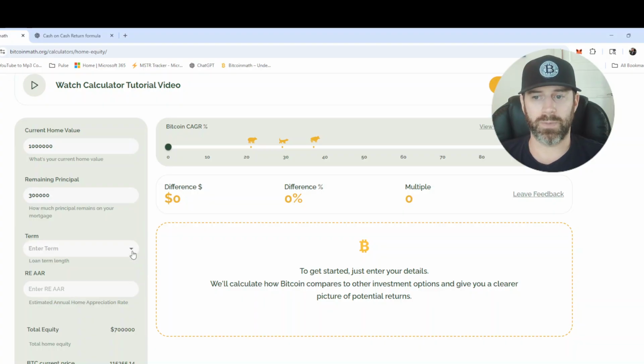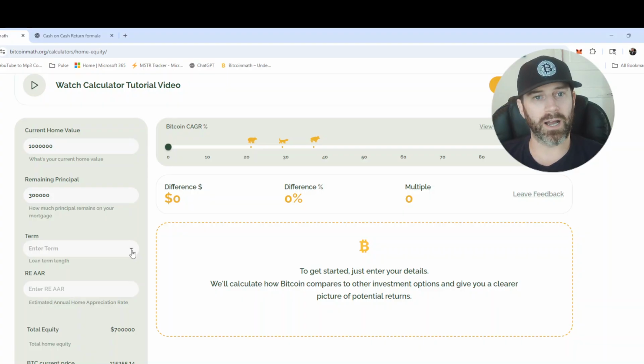The term, meaning what loan term do you want to model? Different loan term lengths are going to dictate what the loan payoff is, because of the appreciation of the home and the fact that you are splitting some of that equity with the ultimate lender. So the longer you have a loan and the more your house appreciates, the more nominal dollars you might be paying them to satisfy their share of your home equity.